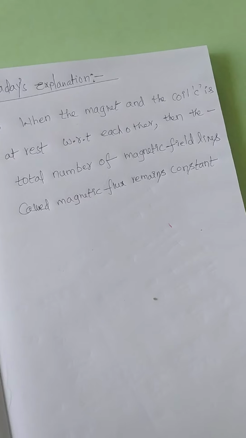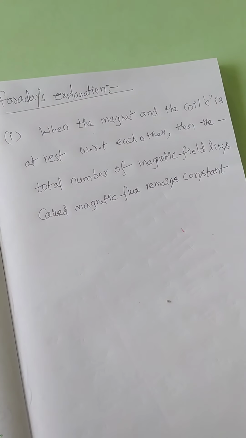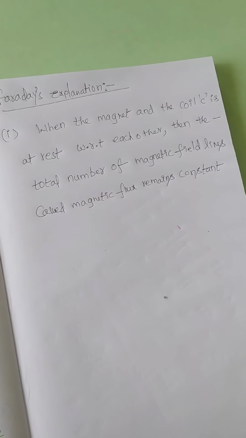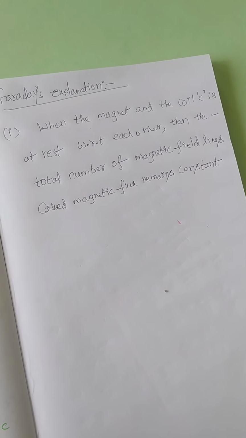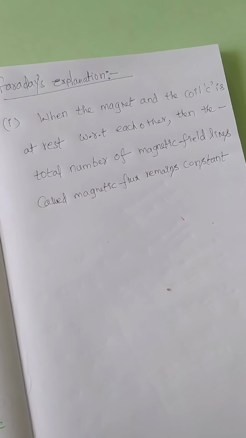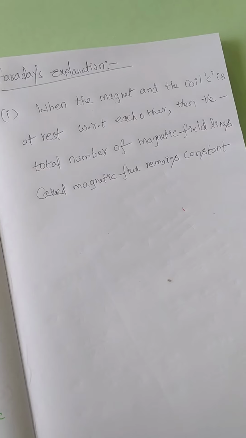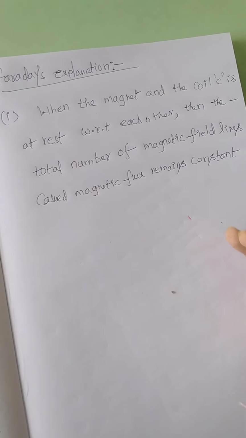So if the magnet and the coil C are at rest with respect to each other, the magnetic flux remains constant. It means there is no deflection in the galvanometer. If there is no deflection, there is no induced current in the coil.